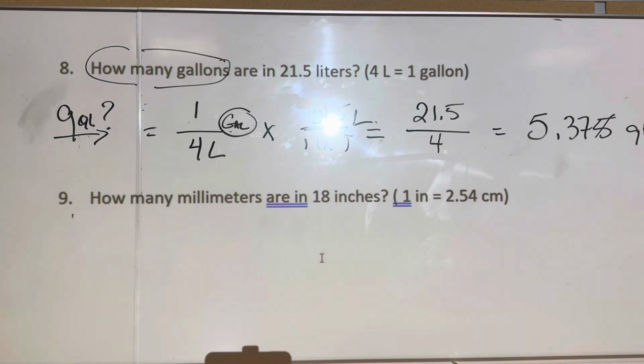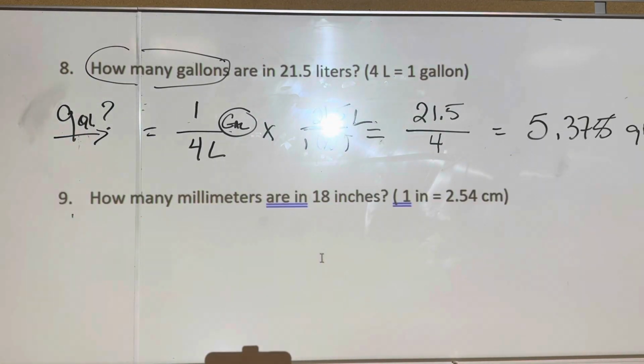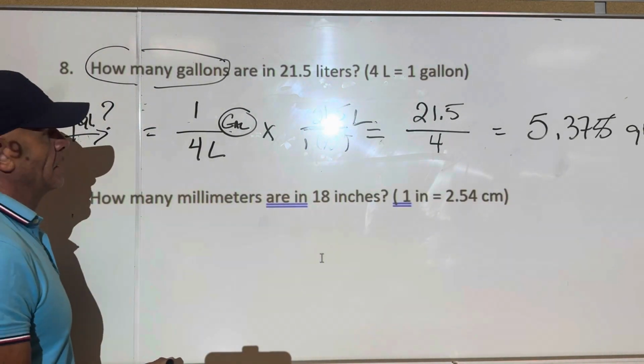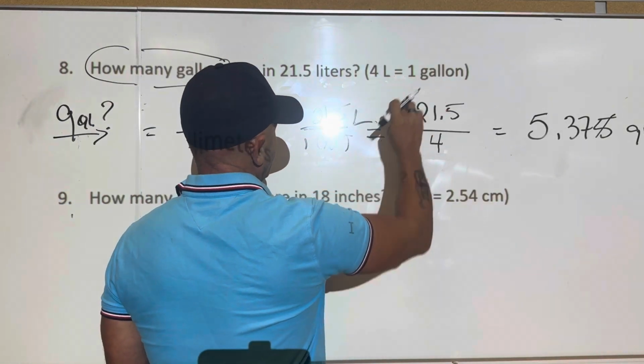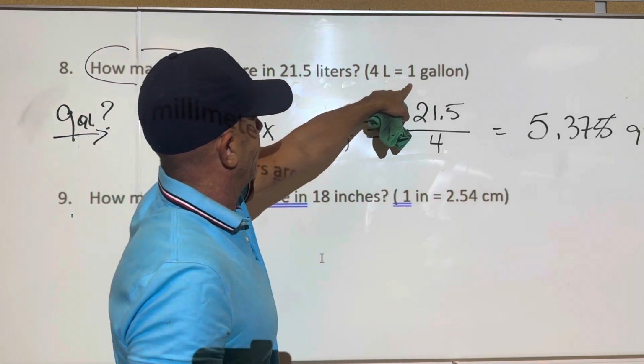Okay? Now, double proofing your work. This is an extra step. If you don't like it, if you don't want to hear it, don't look, just keep going. We know 4 liters equals 1 gallon. Well, how are we going to figure out how many gallons that is?